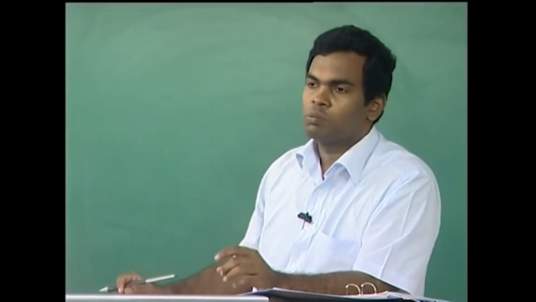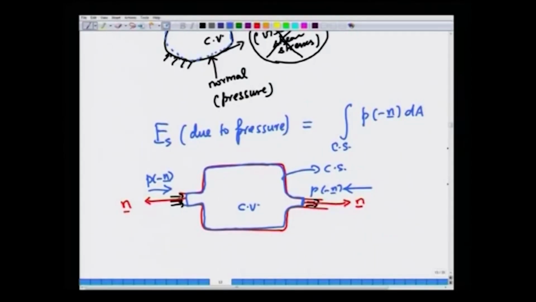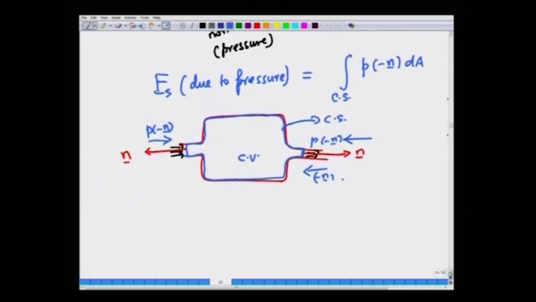So, this is a common mistake that one can make based on an incomplete intuition of the problem, that the pressure at the exit of a control surface is in the direction of the unit normal. It is not. Just as at the inlet the pressure acts in the direction opposite to the unit normal and tends to compress this control volume, likewise, the pressure at the exit also tends to compress the control volume, also acts in the direction of minus n. This is a common error that one can potentially make.